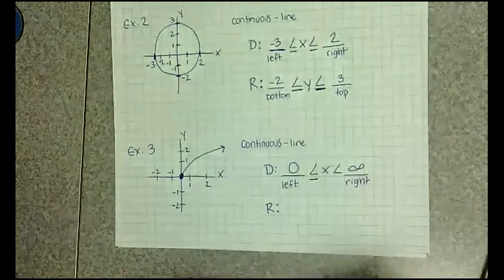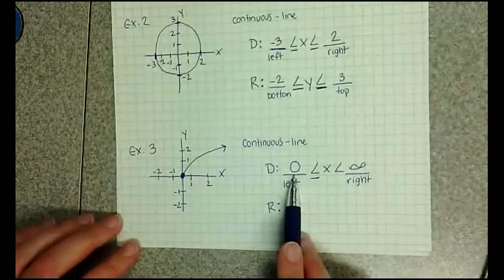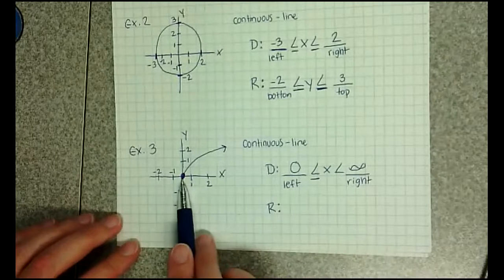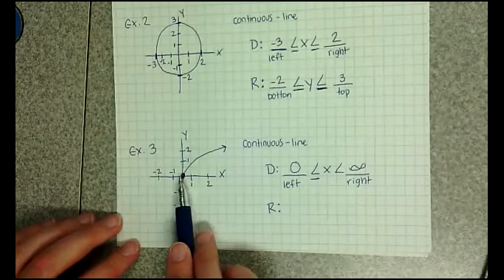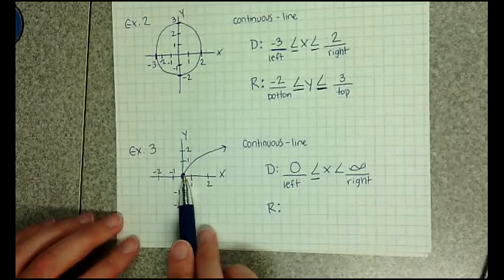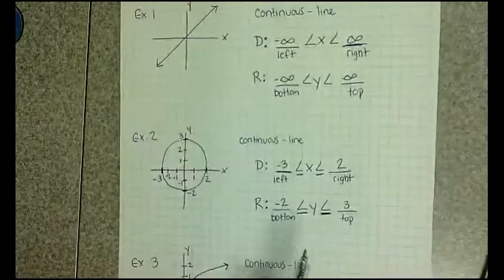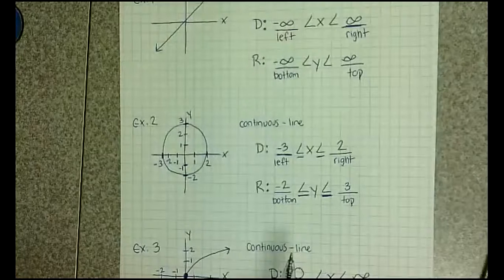Wait, how'd you get 0? Can somebody explain that? How did we end up with 0 for the left? Because that's where the first dot starts. There's no part of the line after this. It just starts right here. This is the left part of the graph. Does that work every time, like wherever the graph starts? Yes. If it started on 1, would the domain still be 1?